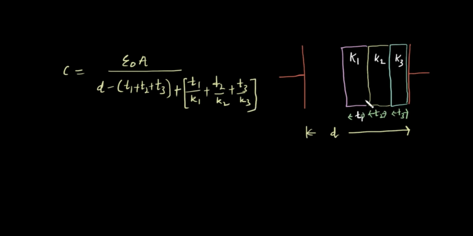If n slabs are placed, then it is D minus T1 plus T2 plus T3 and so on up to Tn, plus T1 by K1 plus T2 by K2 plus T3 by K3 and so on up to Tn by Kn.